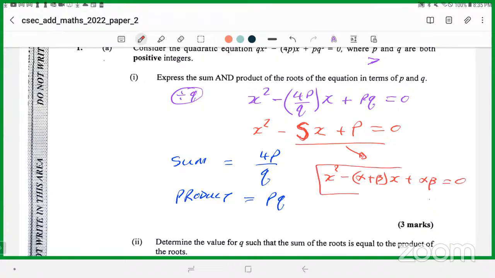That's another way you can write it. So a quadratic equation can also be written in this format if alpha and beta are your roots. This is the sum of the roots, and this is the product of the roots.